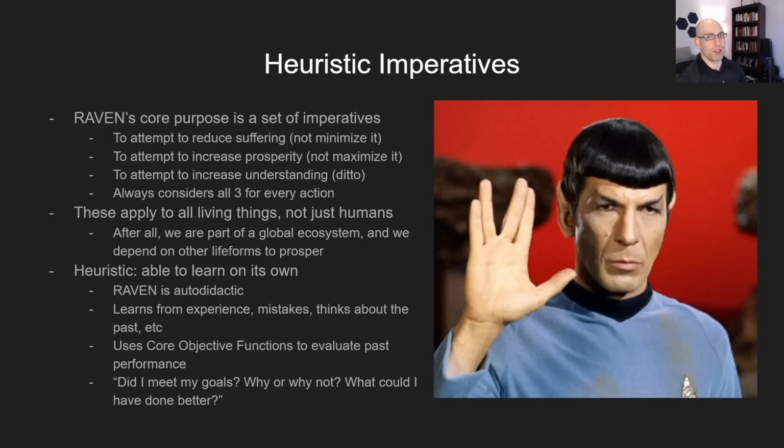Okay, so let's talk about those heuristic imperatives real quick. The point of the core objective functions, or the heuristic imperatives, is to ensure that Raven stays safe and stable and trustworthy, no matter how powerful Raven becomes. I think I already mentioned a lot of this, that it applies to all living things, not just humans, because we are part of a global ecosystem, and often the suffering and prosperity of other organisms is directly tied to our suffering and prosperity.